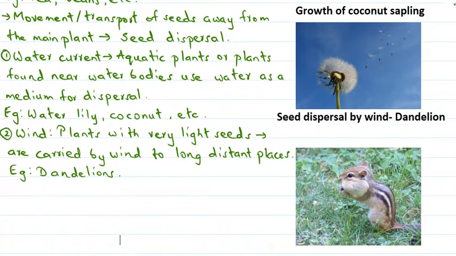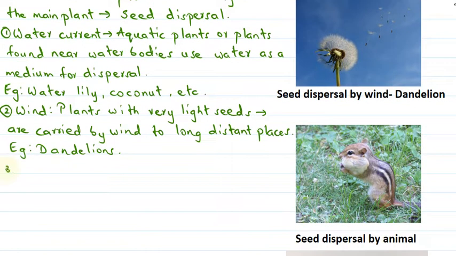Then we will talk about the next method of seed dispersal that takes place with the help of animals and birds. Here, animals and birds eat fruits, correct?